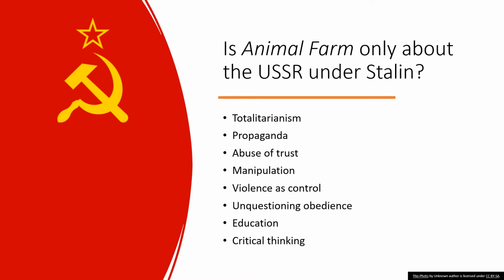Manipulation of the people by leaders. Violence, using violence to control masses of people. Unquestioning obedience. The role of education and importance of education, and how easy it is to use education to brainwash and control the population. And what about critical thinking? Critical thinking is something that we are aiming for.